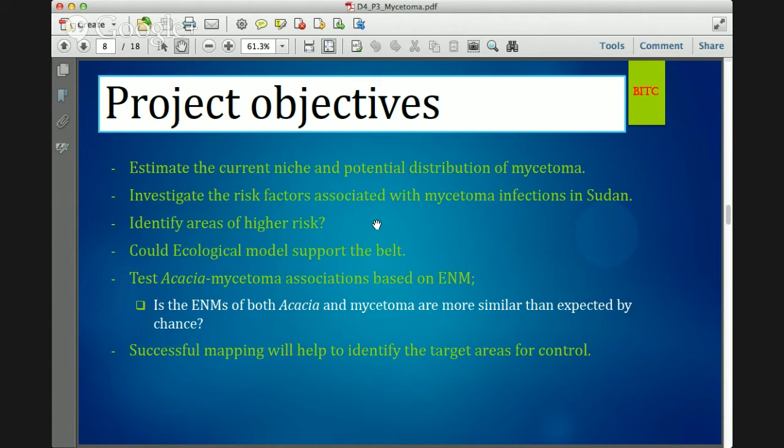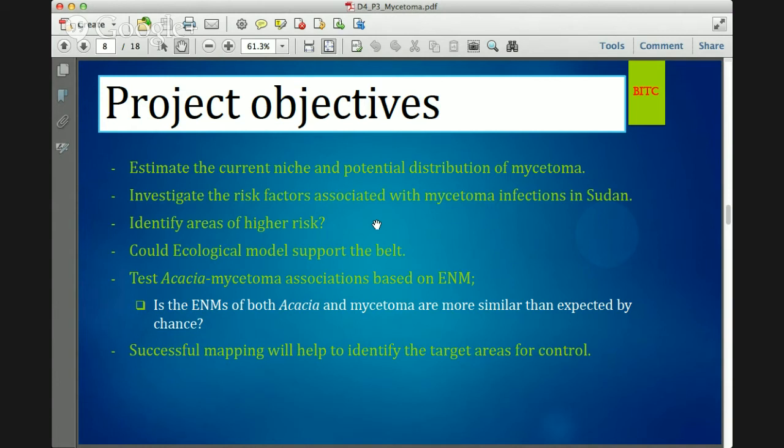We were also optimistic about predicting the belt suggested by different authors and publications before, to see if we can predict that belt with ecological niche modeling or not.